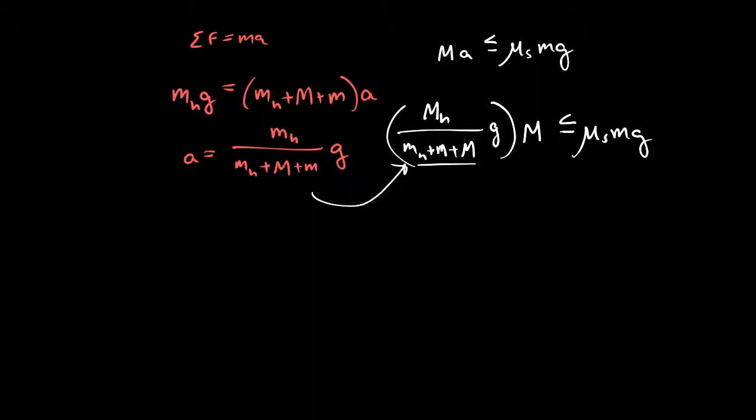So MH times big M times g is less than or equal to mu s mg times, holy smokes, MH plus m plus M. Boy, I don't like this anymore. This is no fun. But I'm still going to keep going because I love physics, even though the physics ended like 20 minutes ago. This is just algebra, and it's a mess of algebra.